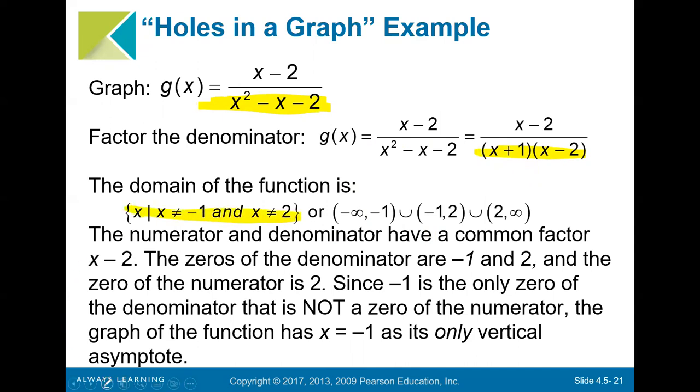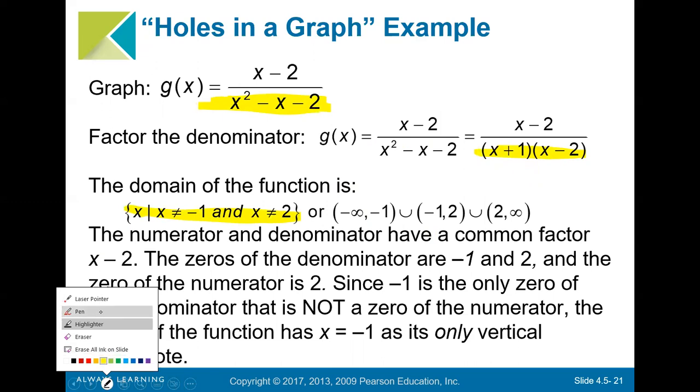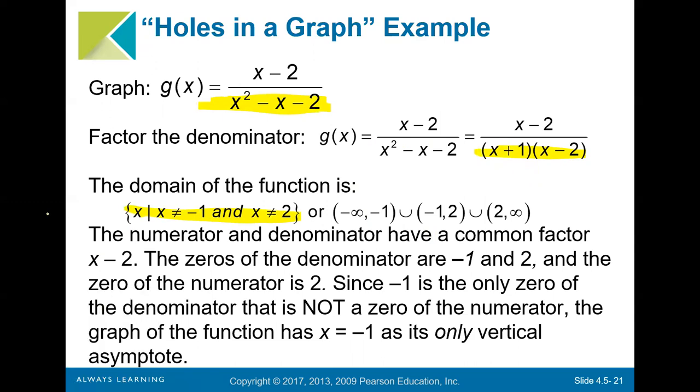That's set builder notation. All it's saying is that x cannot equal -1 and x cannot equal 2. Because if it equals one of them, if not both, it gets 0 in the denominator, and therefore it's undefined. We don't have a function going on here.